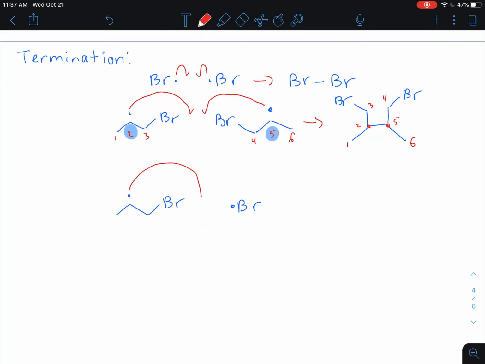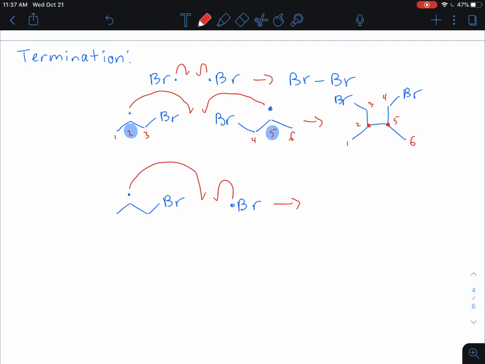We call this sort of step in a radical mechanism disproportionation, where the two unmatched radicals are reacting together. This will give us the dibromopropane product. So probably most of the termination, if we have it, is bromine radical reacting with itself, but these are our other two options as well.